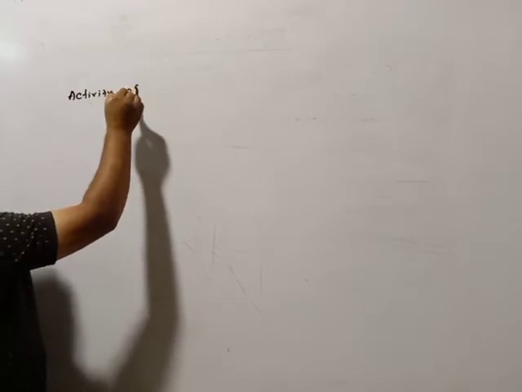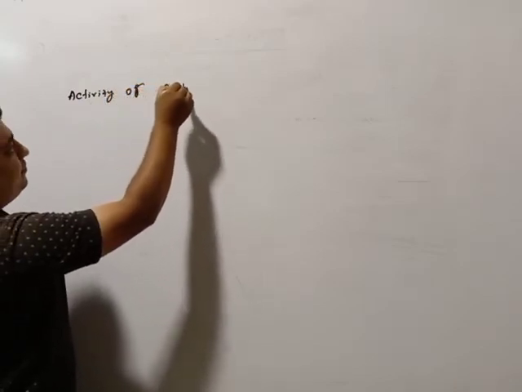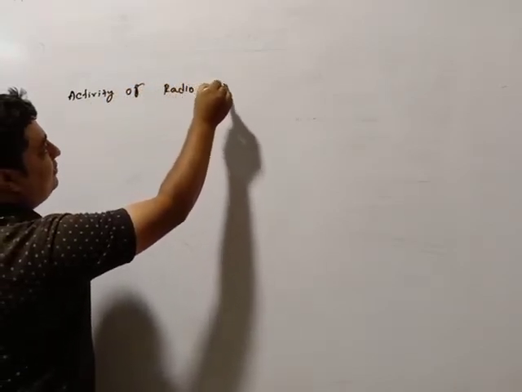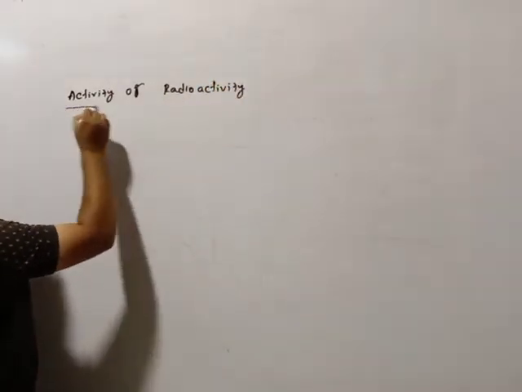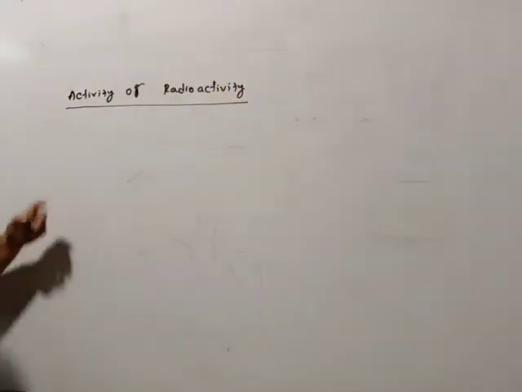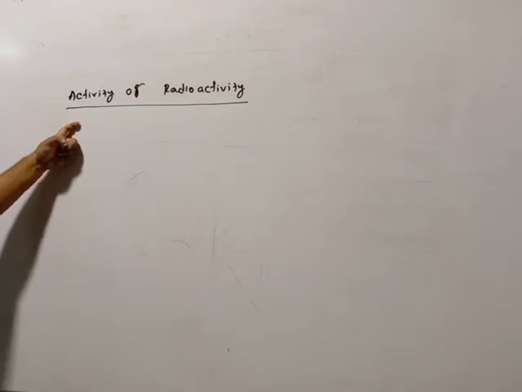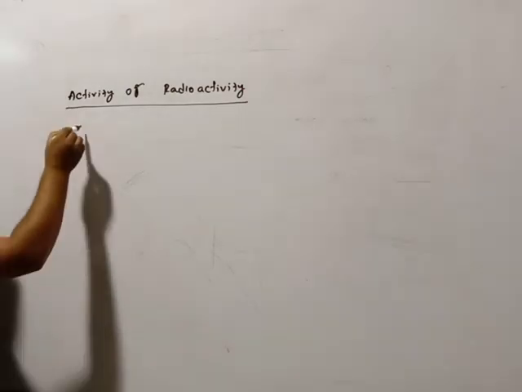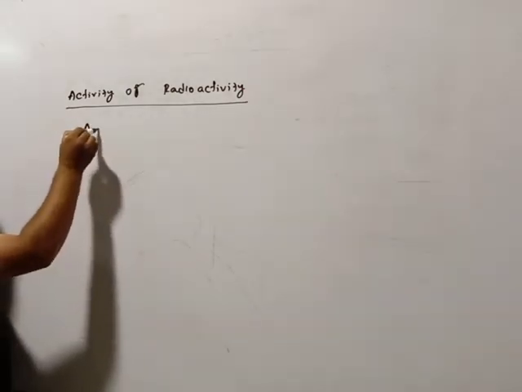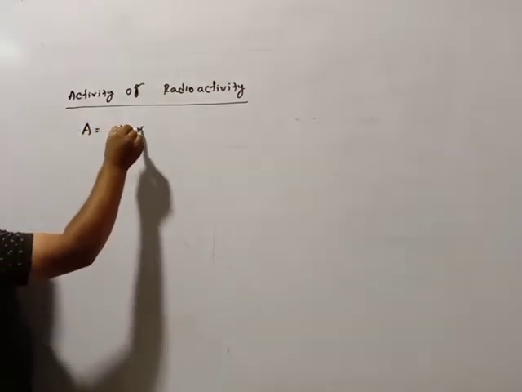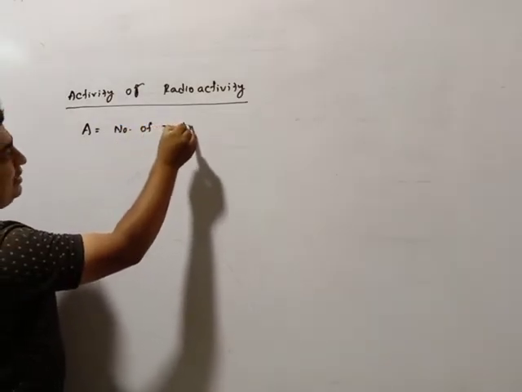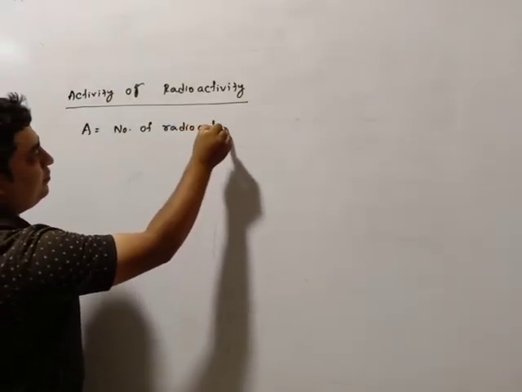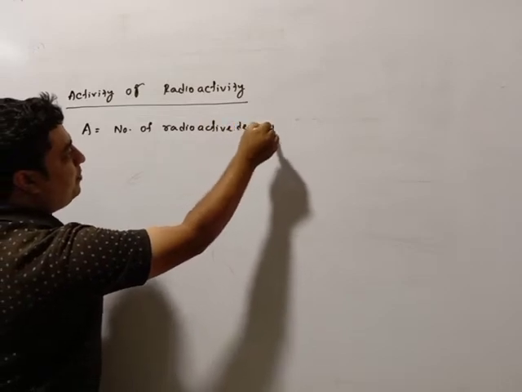Then we will go for activity or radioactivity. Both are the same thing. Activity is measured in terms of the number of decays per second. So, A equal to the number of radioactive decays per second.